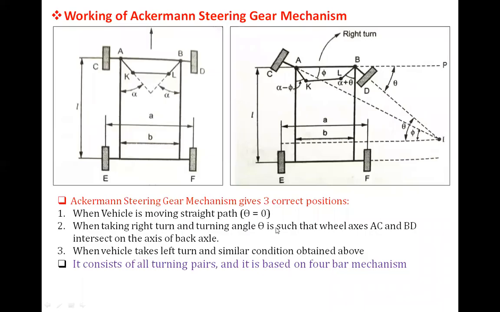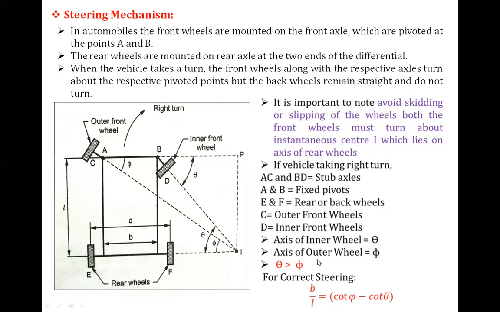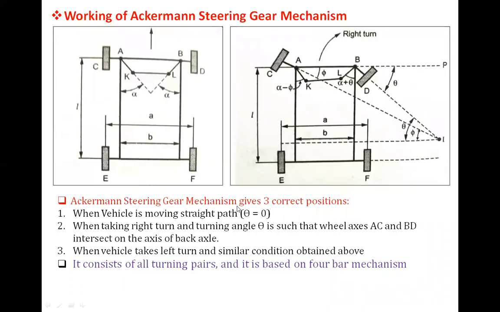So for correct steering, b by l is equal to cot phi minus cot theta. The working of the Ackermann steering gear mechanism, look at this one. When we are taking the right turn, the picture clears your ideas.